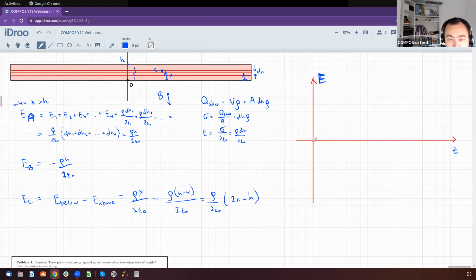So at 0, we know the field is minus rho H divided by 2 epsilon naught, and it goes like this.